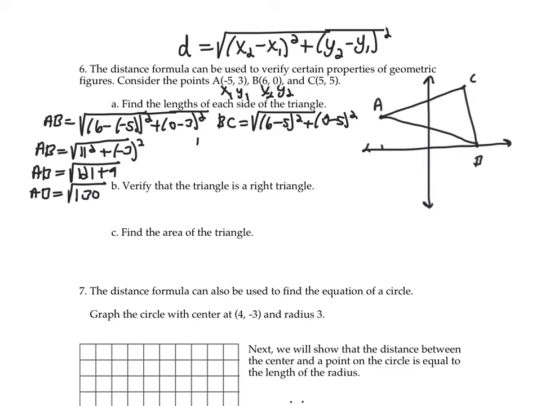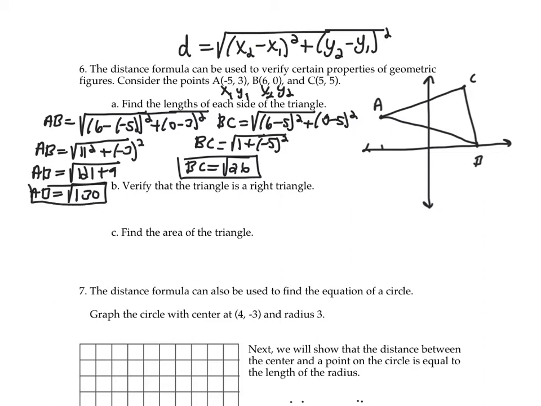So 6 minus 5 is going to give us 1, and 1 squared is still 1. 0 minus 5 gives us -5, but when we square it, we get positive 25. So BC is equal to the square root of 26. So hold on to that thought for a minute or two.